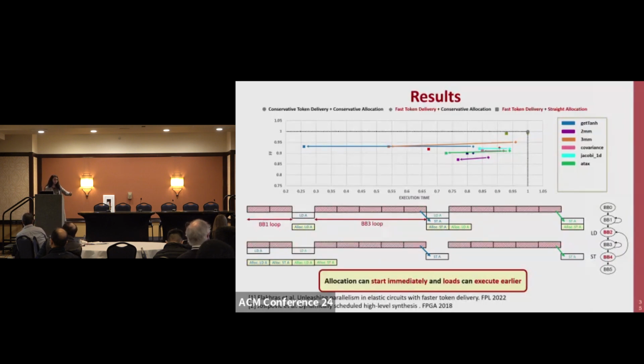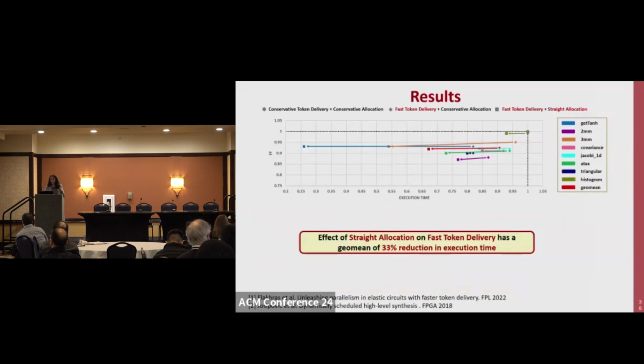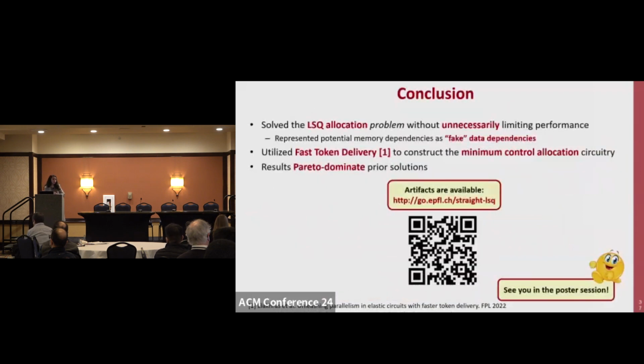So you have to wait for basic block 1 to finish its iterations and basic block 3 to finish its iterations, whereas in our approach, we can allocate immediately. And finally, other benchmarks have a very simple control structure, and in simple control structures, our approach results in almost the same allocation network. And with this, I conclude my talk.